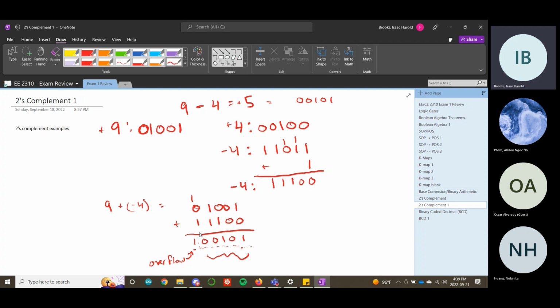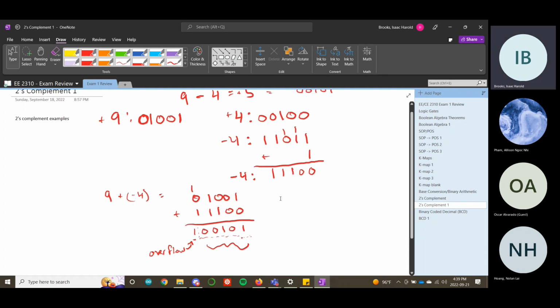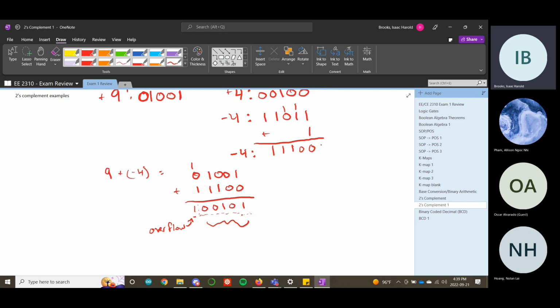I guess if you have a negative number and you're going to a positive number, like if we were to change -4 back to a positive 4, when you're changing from positive to negative, every positive number is going to have a 0 out front. So that 0 should absorb any overflows.